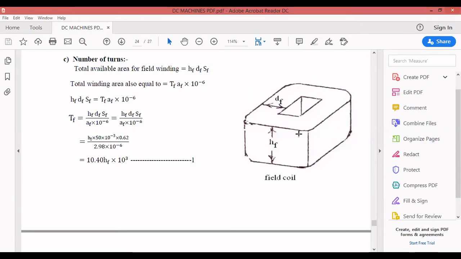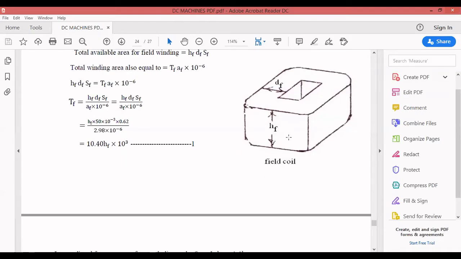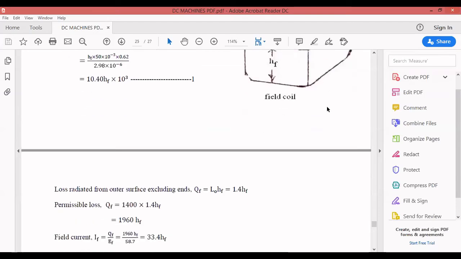The loss dissipated or radiated from the surface. So I can take the length of outer turn into HF, because this is height into the entire turn. That gives the loss dissipated or radiated from the outer surface. So QF is equal to L0 into HF.